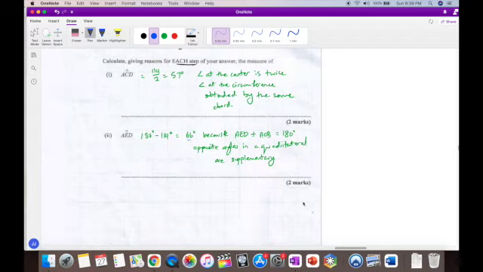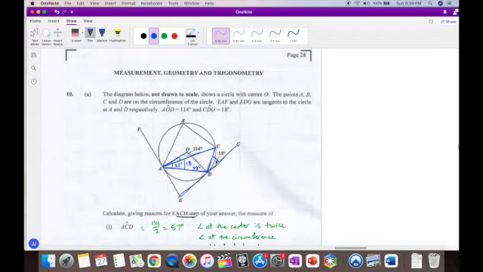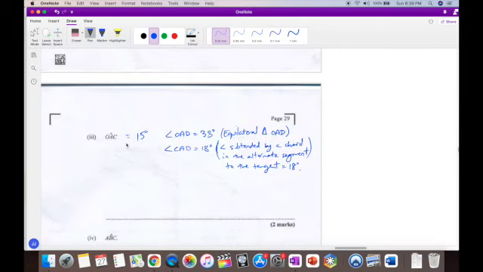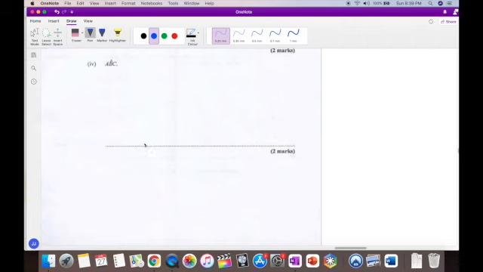So the tangent is forming this 18 degrees here, so that means that this tiny little thing is going to be 18 degrees, and hence we will have 15 degrees there. That was actually quite a tough one.